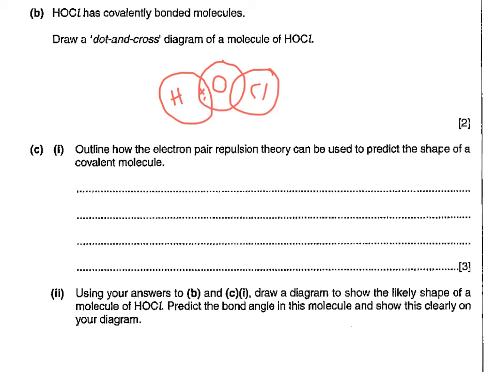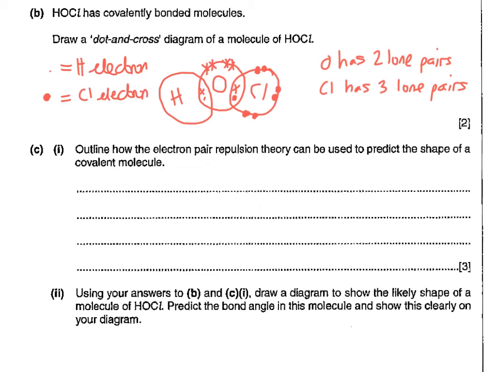So I put one bonding pair between the hydrogen and the oxygen. And that's what I've come up with. You might notice that I've drawn the electrons in chlorine as slightly bigger dots, so you don't confuse them with the little dot, meaning the electron from hydrogen. So I've put a little key to make that clear.